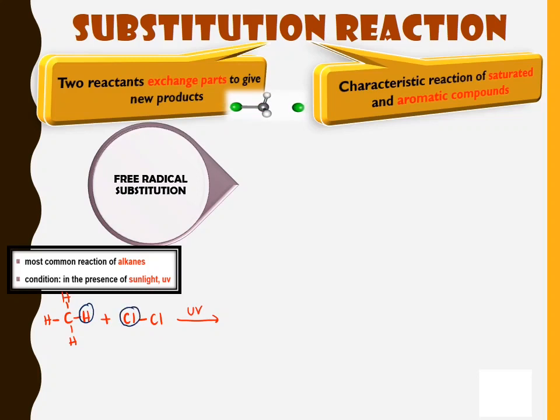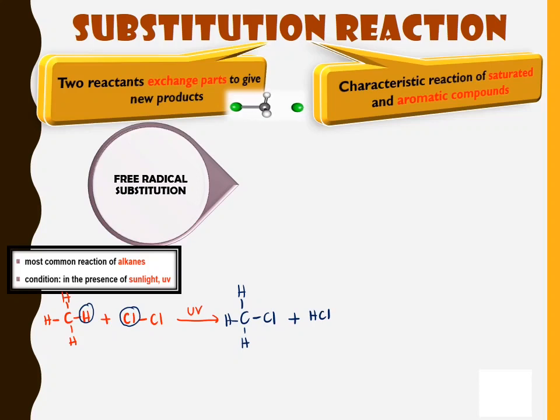So you will get CH3Cl, as one of the hydrogen is already removed and replaced with chlorine, plus that hydrogen will combine with another chlorine atom to form HCl. So this is free radical substitution.